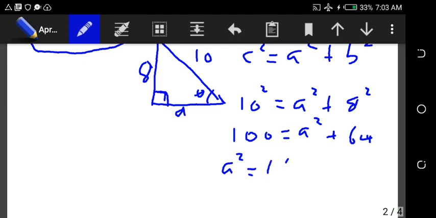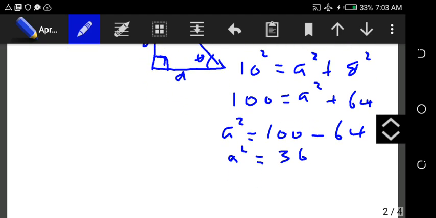Collecting like terms, we have that a squared is equal to 100 minus 64, that will give us 36.